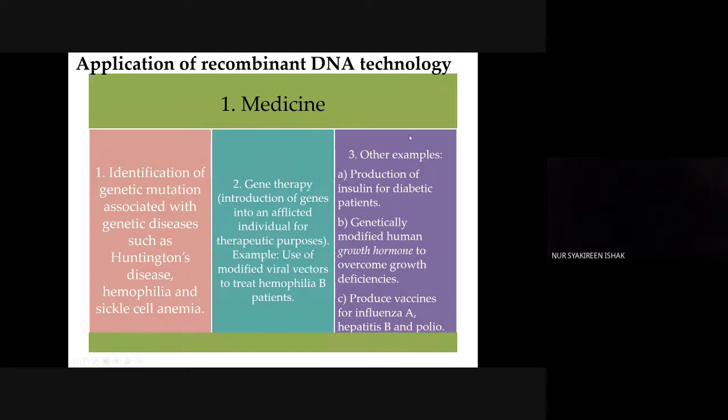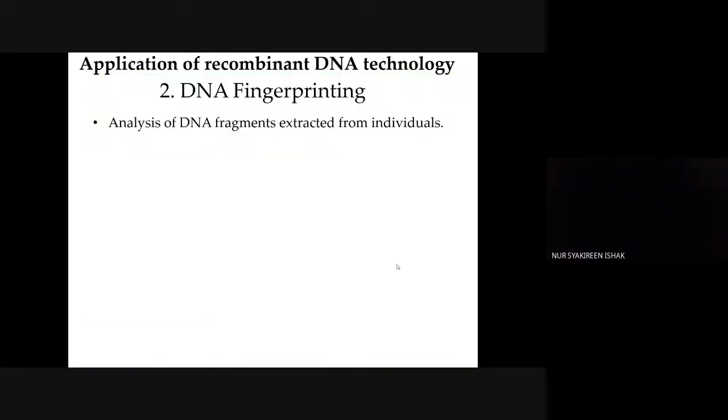Okay, and then genetically modified human growth hormone to overcome growth deficiency. So you could also synthesize growth hormones. And the last one is to produce vaccines for influenza A, hepatitis B, and also polio. So through recombinant DNA technology we can produce vaccines as well.